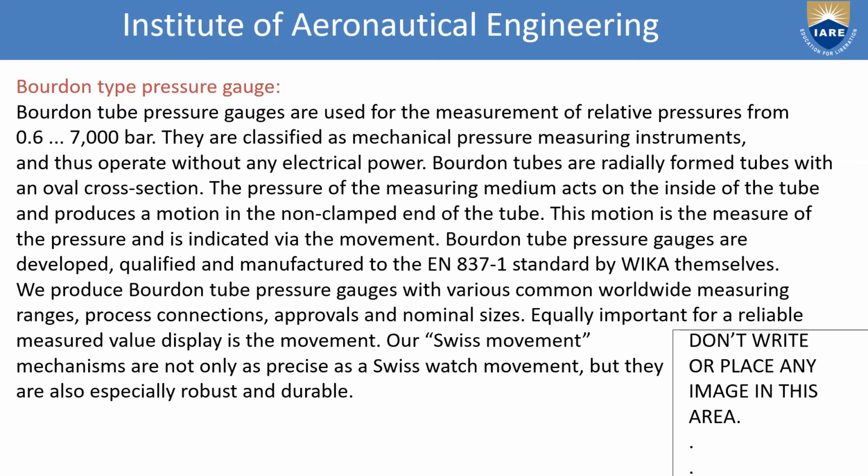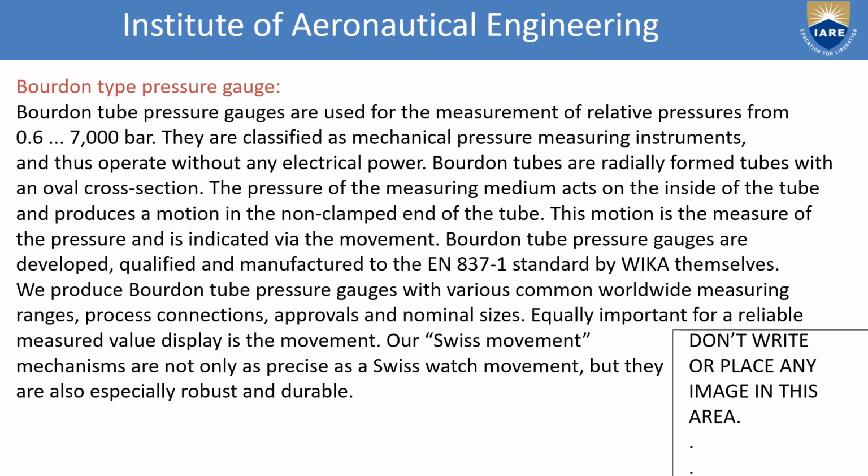Bourdon tube pressure gauges are developed, qualified, and manufactured to the EN 837-1 standard by WICA themselves. We produce Bourdon tube pressure gauges with various common worldwide measuring ranges, process connections, approvals and nominal sizes.